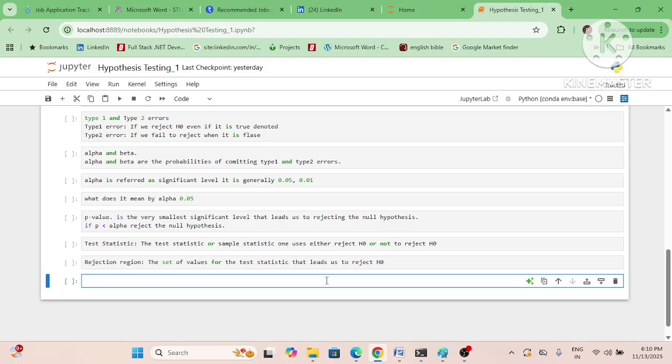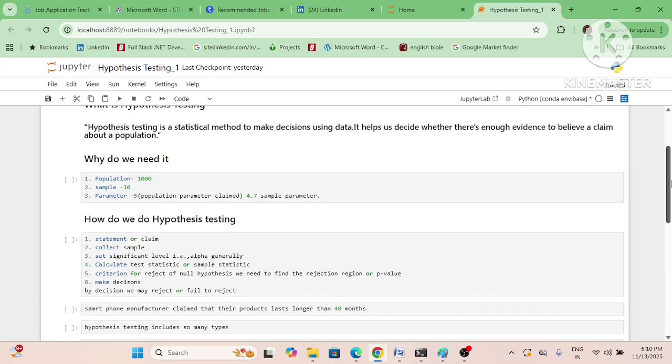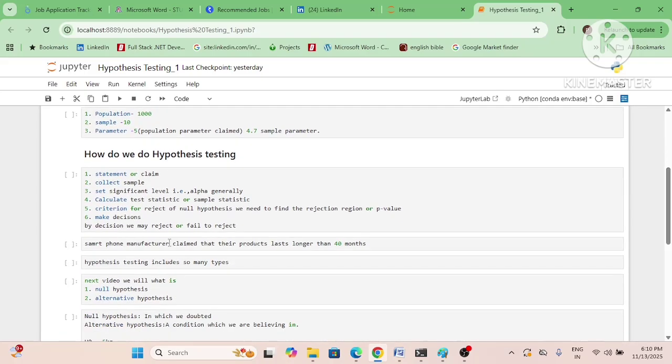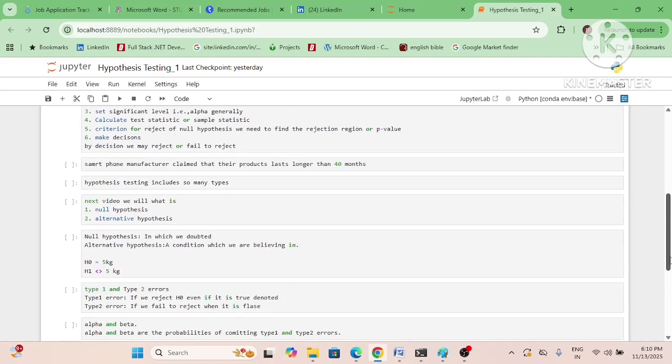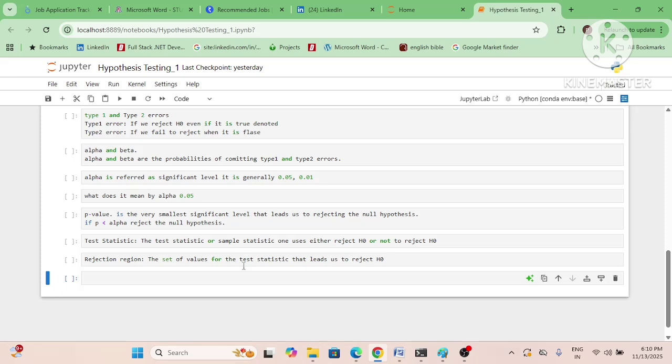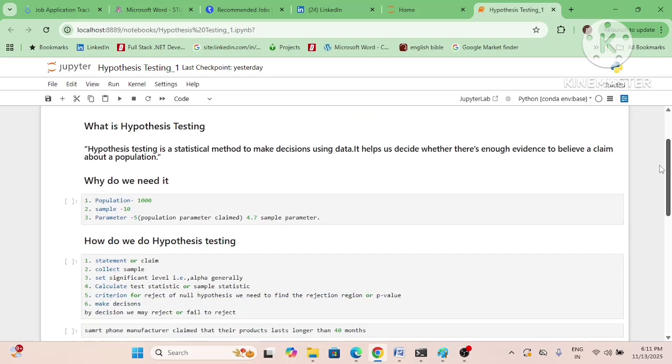Yesterday's example: the smartphone manufacturer claimed that their product lasts longer than 40 months. So here we can define the null hypothesis. The null hypothesis H naught is that in which we do not believe. Generally we are not believing that it lasts longer than 40 months.